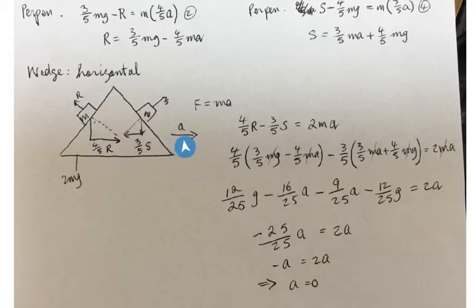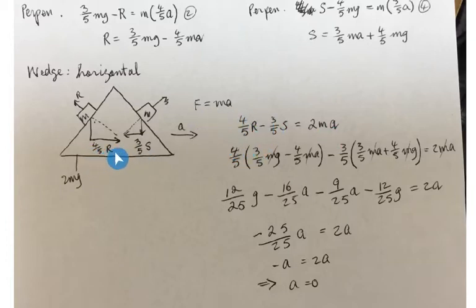The wedge only potentially moves in a horizontal direction, so we need to break down our normal forces into vertical and horizontal components. This here is the sine component, so it's going to be 4/5 of R, and it's pointing in this direction because this mass will be going this direction. And this mass here, we break down into its vertical and horizontal, and sine of B is equal to 3/5 S.